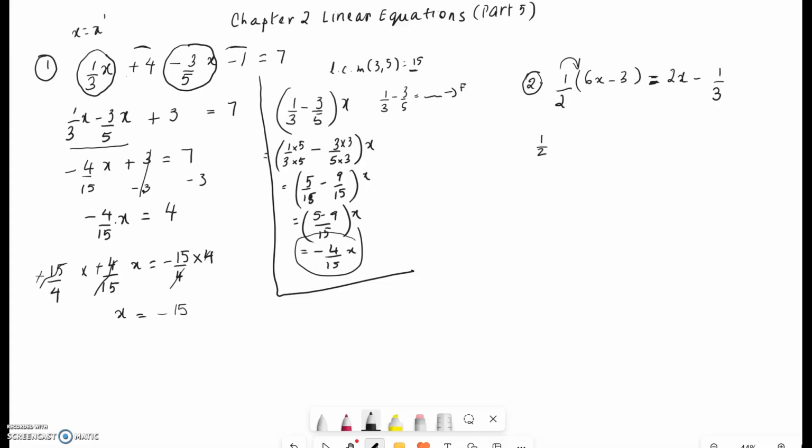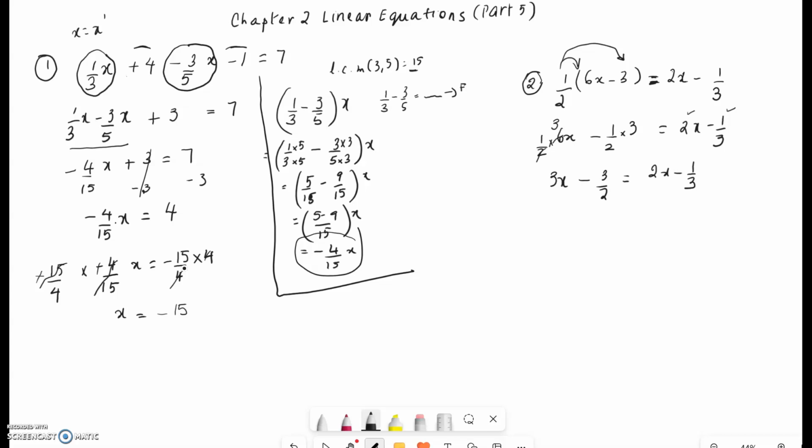So half times 6x minus half times 3 equals 2x minus 1/3. Cannot simplify the right hand side any further because we have one x term and one constant. Now 2 goes 3 times into 6, so that's 3x minus 3/2 equals 2x minus 1/3.